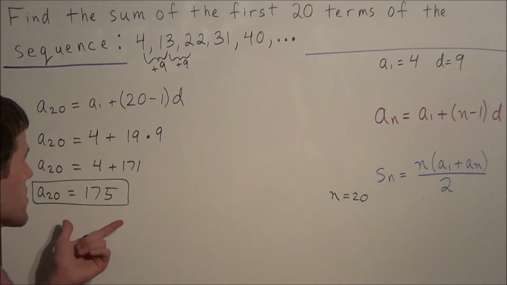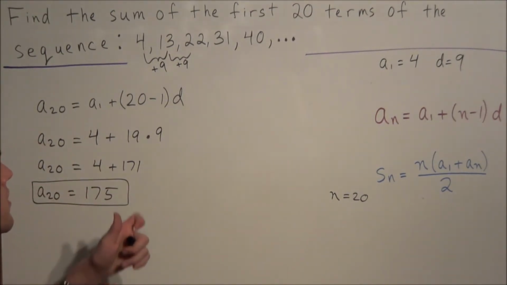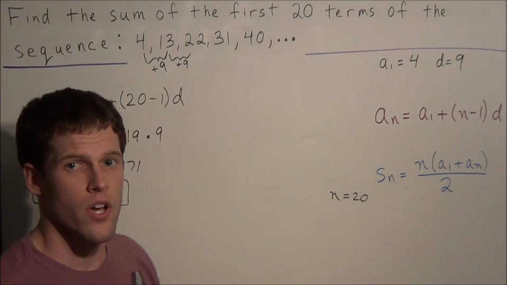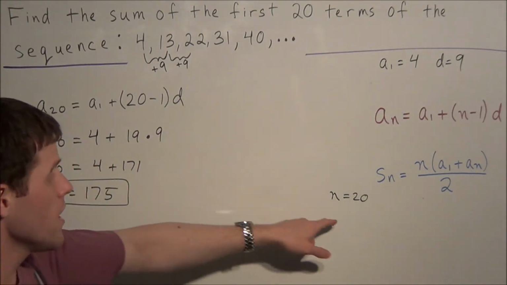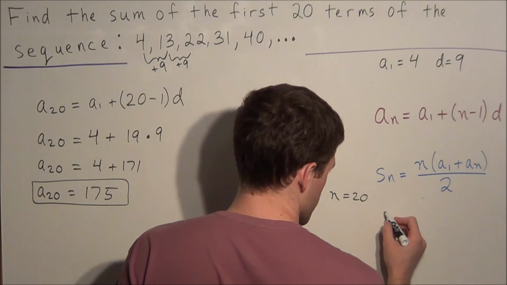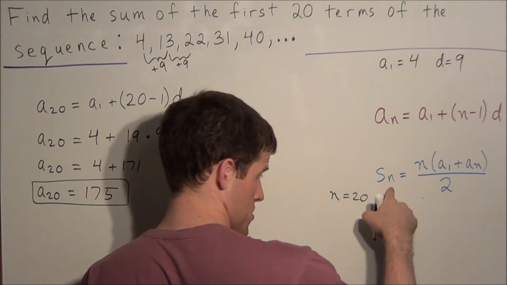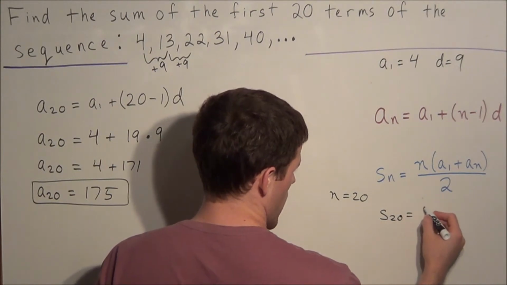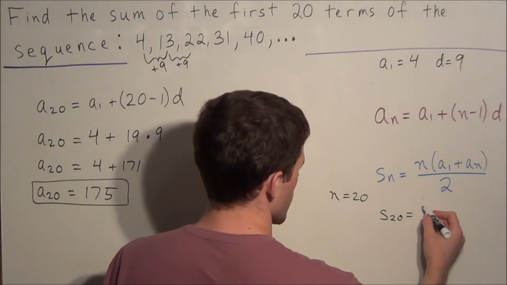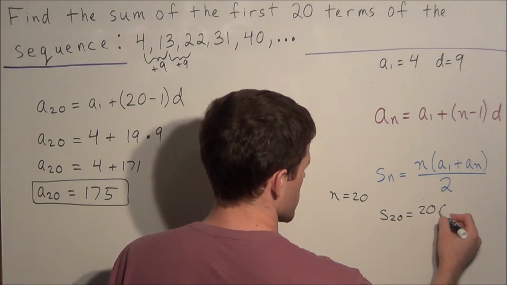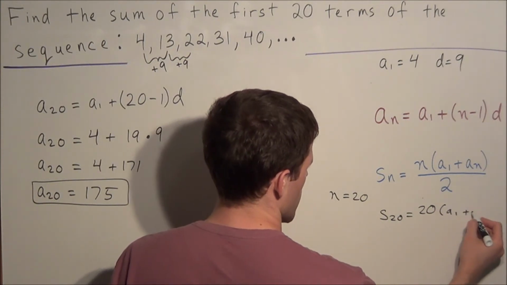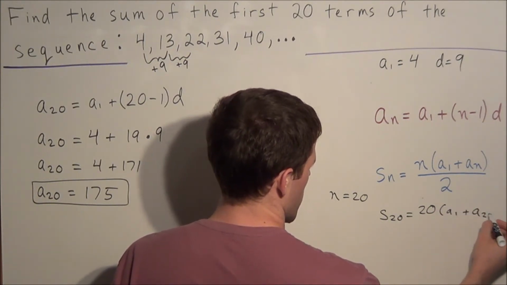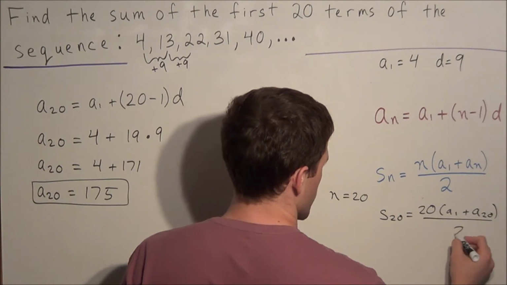Now that we have this information, we need to use it to find the sum of the first 20 terms. Keep in mind, if we're plugging 20 into this equation, the sum of the first 20 terms equals 20 times a1 plus a20, divided by 2.